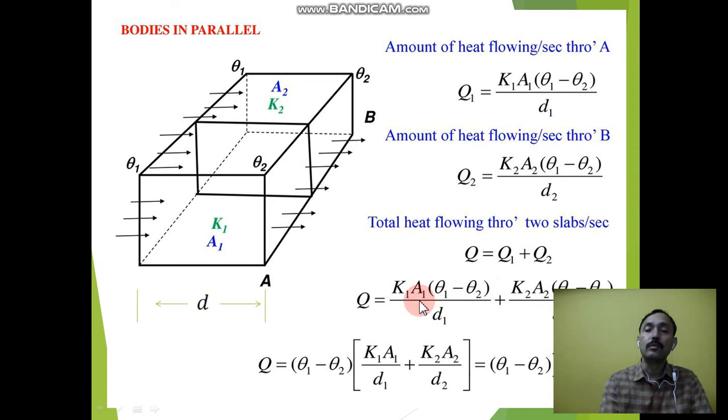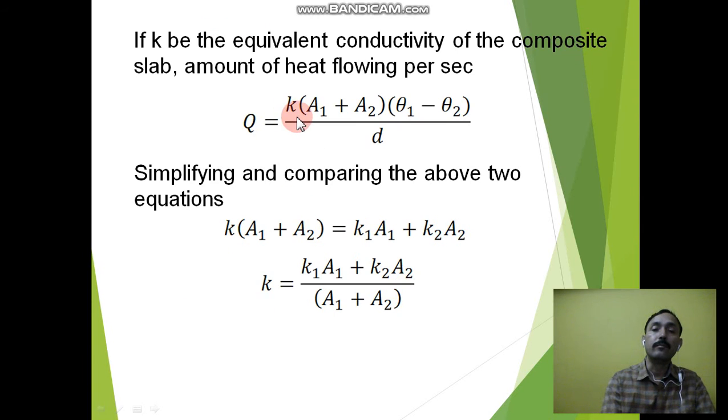This total heat Q will be the same. So by multiplying both sides by d and dividing both sides by theta 1 minus theta 2, this becomes K (A1 plus A2) is equal to K1 A1 plus K2 A2.